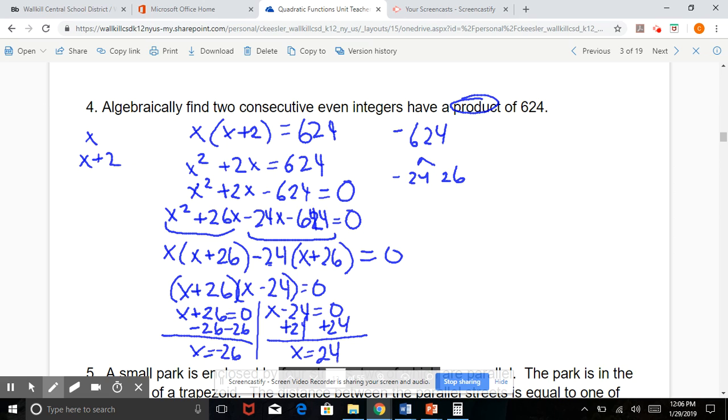So find two consecutive even integers. There's actually two sets of even integers. So my answers would be negative 26 and negative 24, or positive 24 and positive 26. In each of those cases, I get a product of 624.